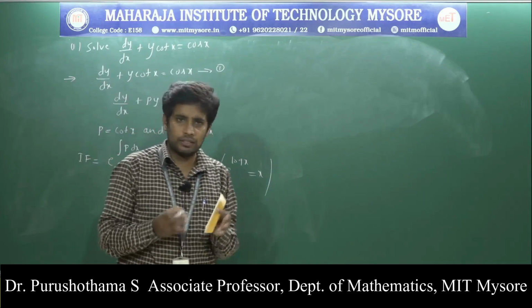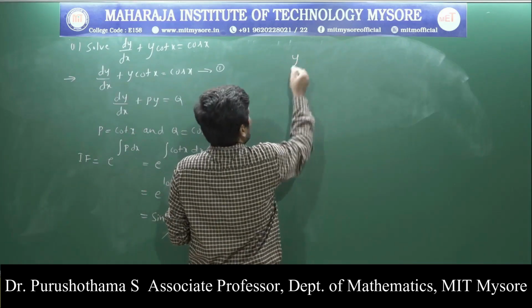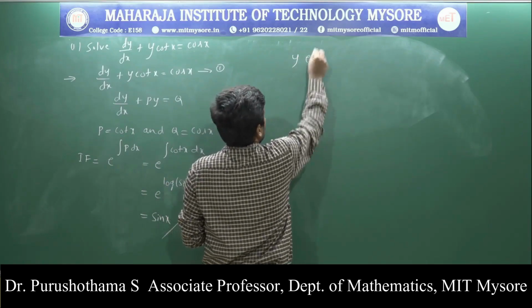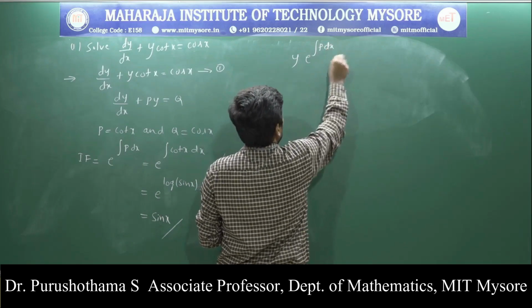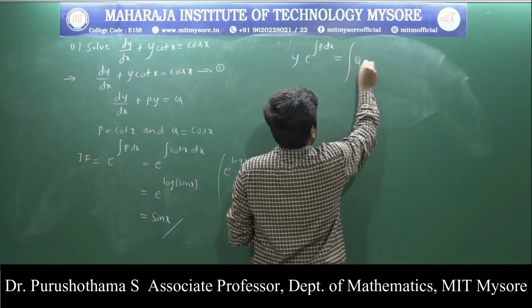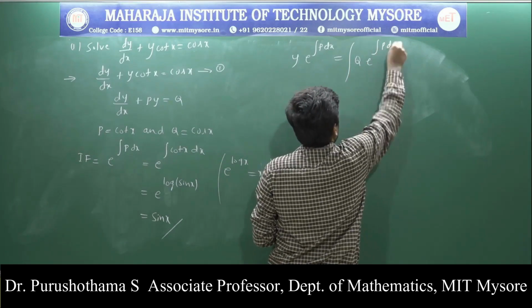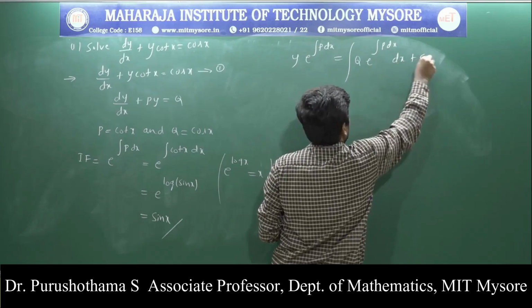Solution of the linear equation is y into e power integral of p dx equal to integral of q into e power integral of p dx with respect to x, plus c.